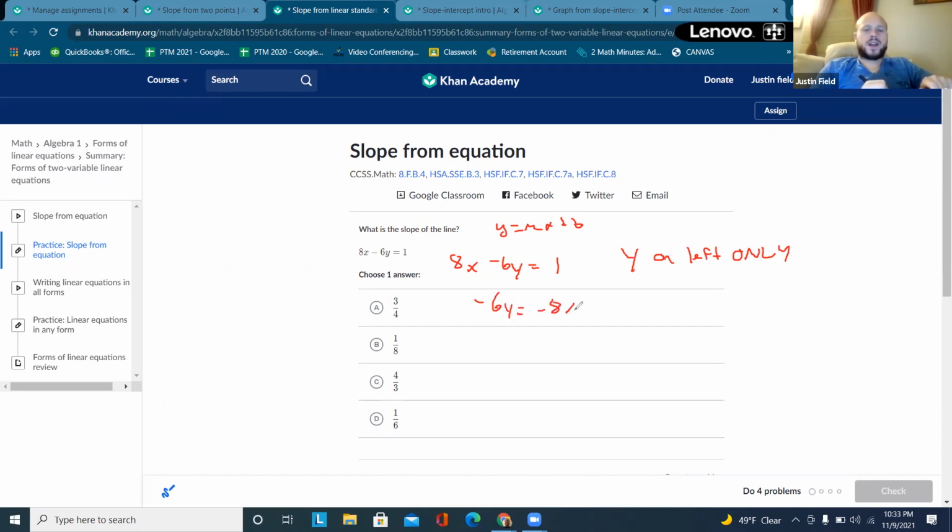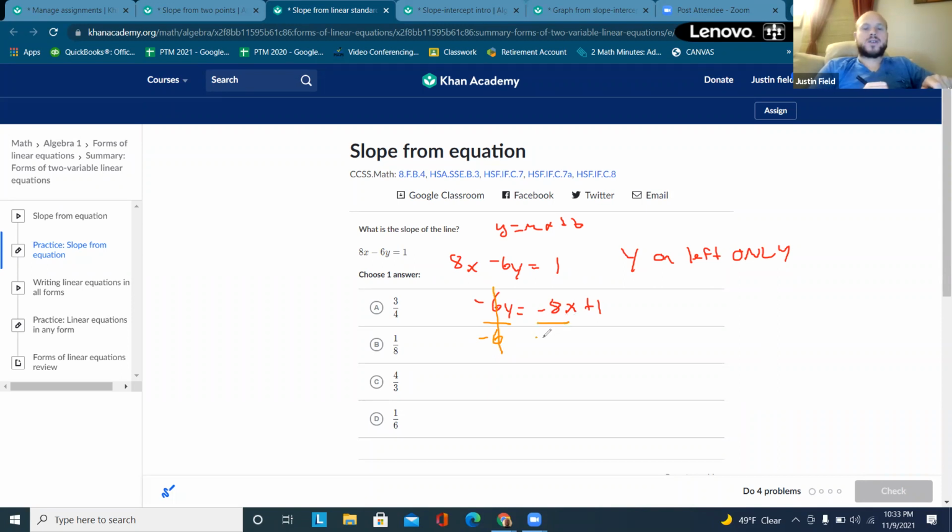That'd be negative 8x on that side, right? Moving it over the line, change the sign. And then to get y only, what do I have to do with that -6? You may be saying add. But if you are saying divide, then you're correct. Divide by -6 and it goes away.